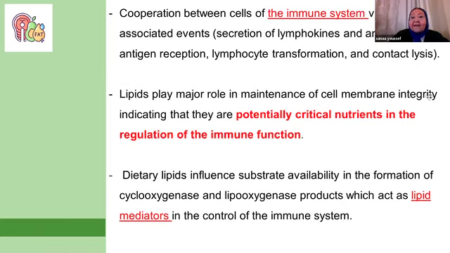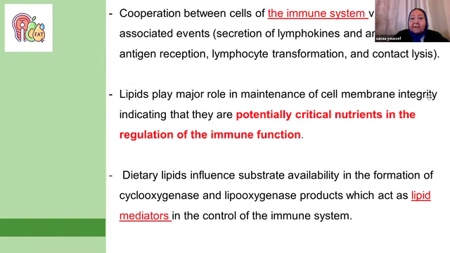Lipids play a very important and major role in the maintenance of cell membrane integrity. The integrity of any cell in your body depends on lipids. And this highlights how lipids are critical nutrients in the regulation of immune function.